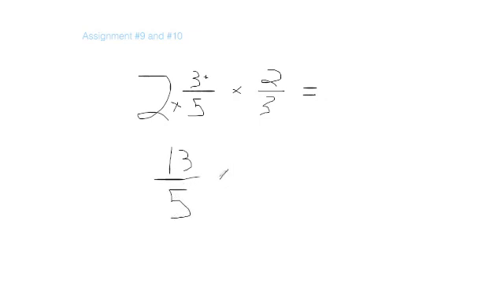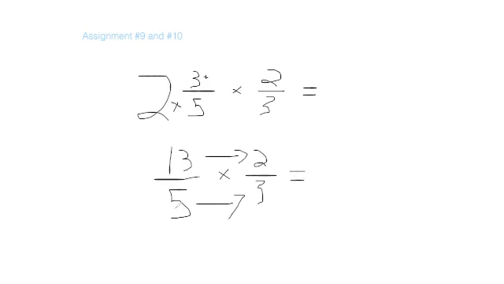And then multiply that times 2/3. The way that you do this is you multiply across. So 13 times 2 and then 5 times 3, and that'll be your answer.